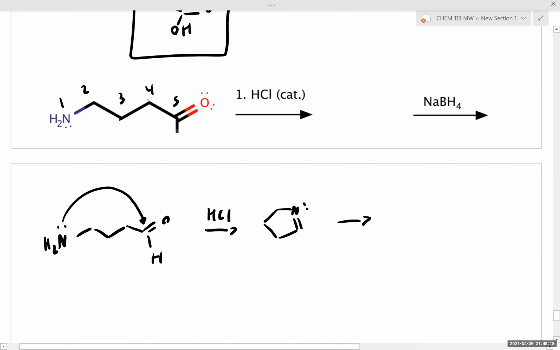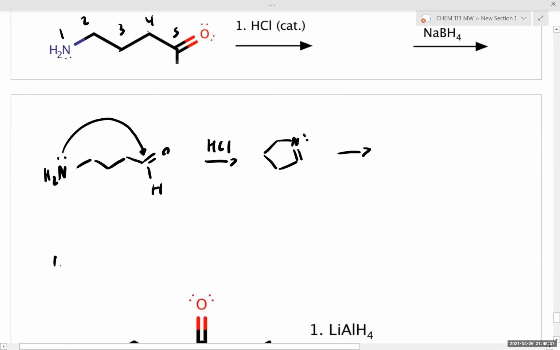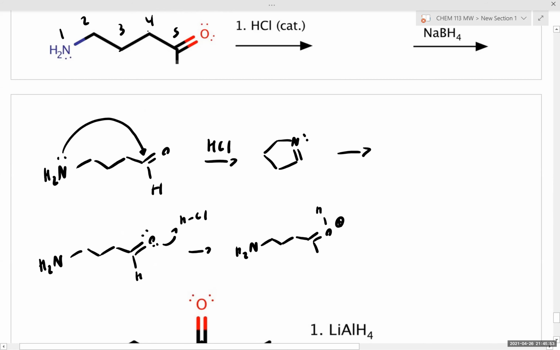In this case, you're not asked to draw the mechanism. So I'm just highlighting the patterns of reactivity for these product prediction problems. If you wanted the full formal mechanism, we'd protonate the aldehyde. The amine attacks.